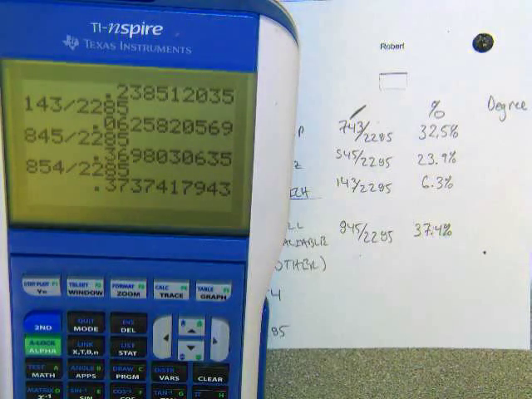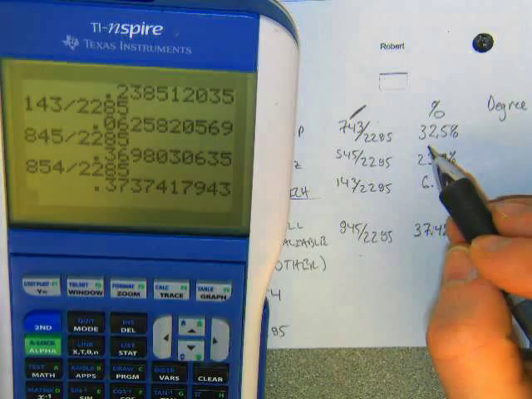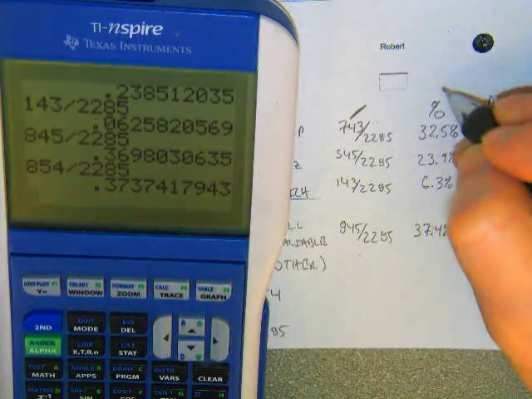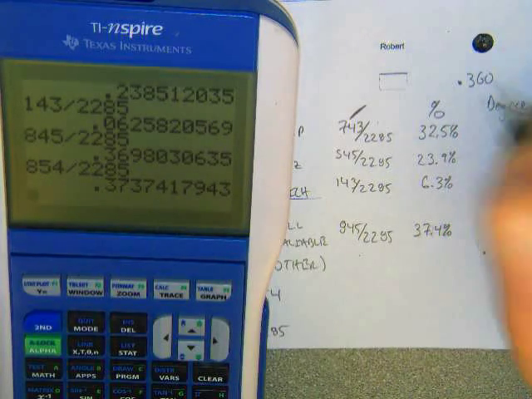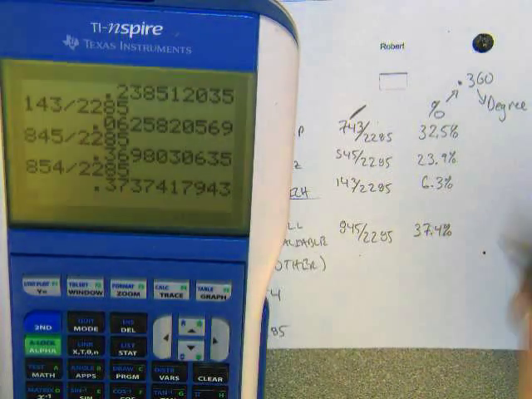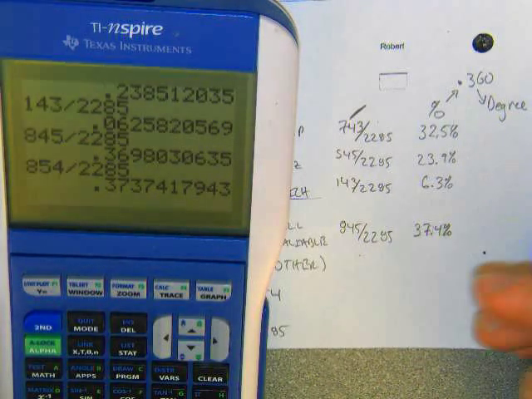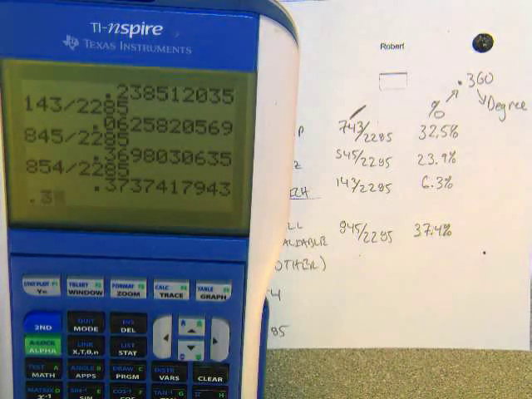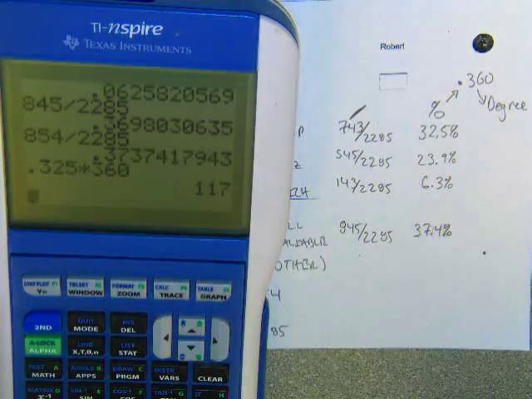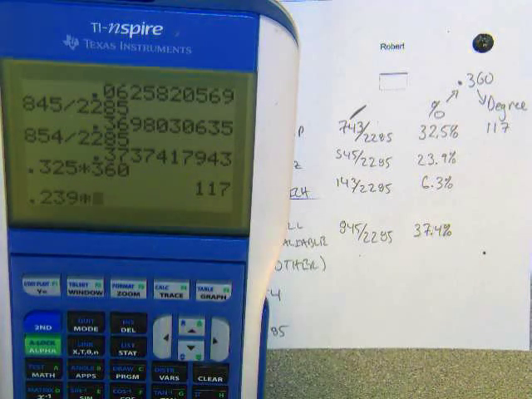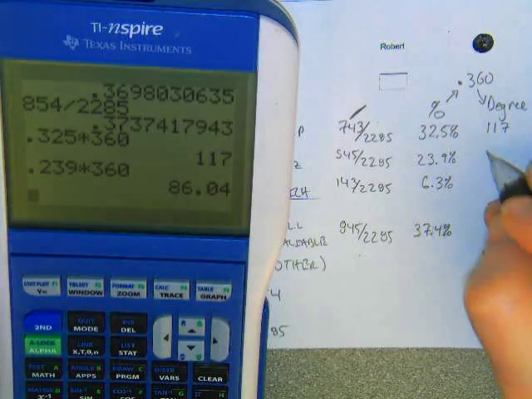To get the degree, I just take the percentage as a decimal and multiply by 360. So I'm going to go times 360 to get the degree. The first decimal is 0.325 times 360, and that's 117. And then 0.239 times 360, which is 86.